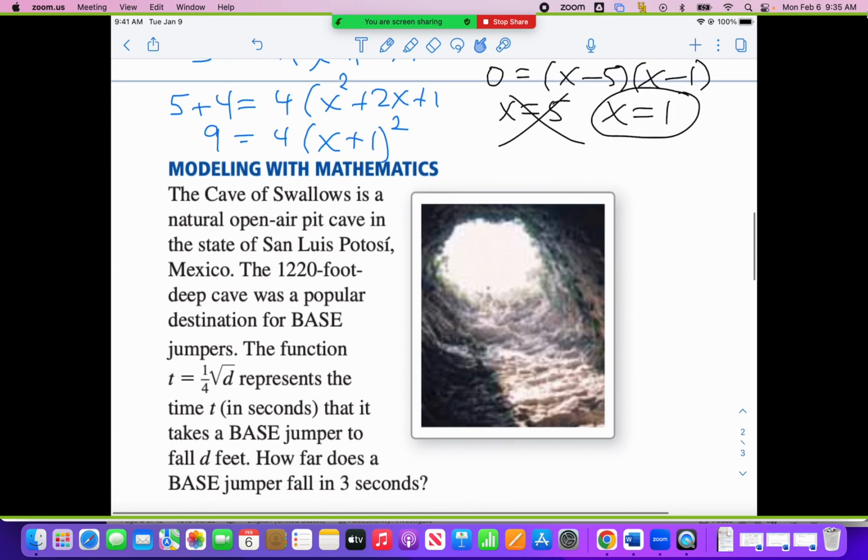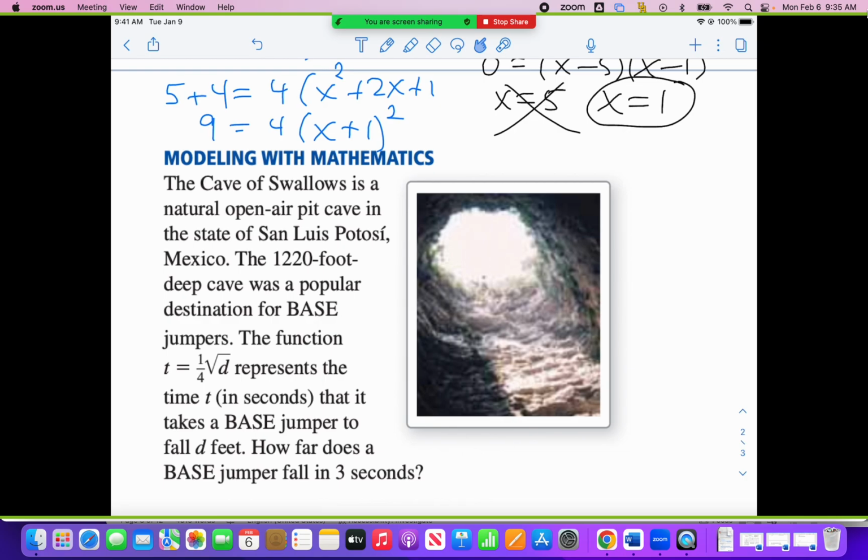All right, so who cares? Who cares about square root equations? There's actually a ton of real-world applications. Here's one. The Cave of Swallows is a natural open-air pit cave in the state of San Luis Potosi, Mexico. The 1,220-foot deep cave was a popular destination for base jumpers.